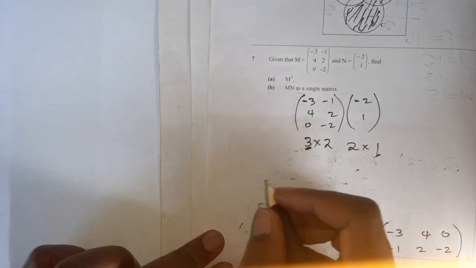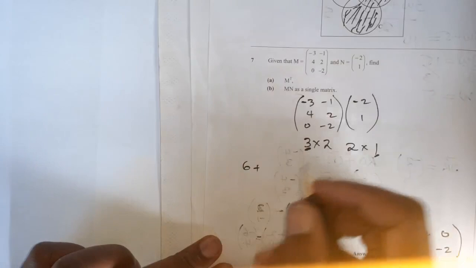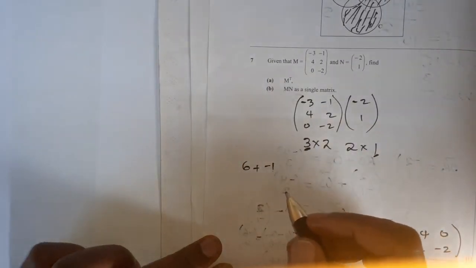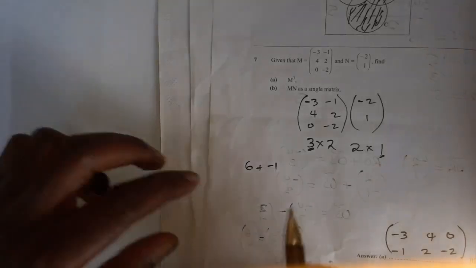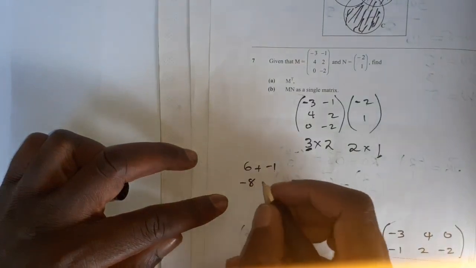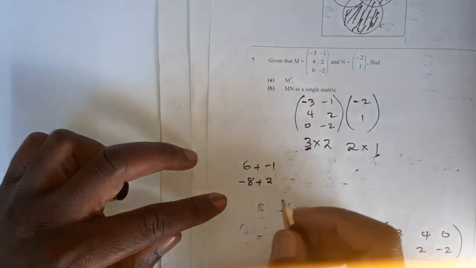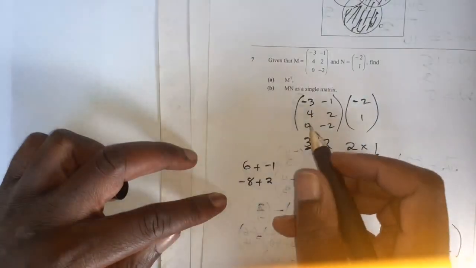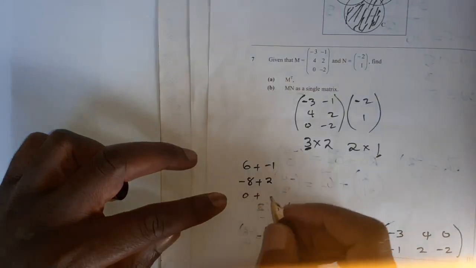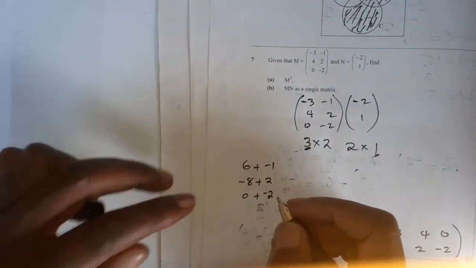We get 6, plus -1 multiplied by 1, which gives -1. Then the second row: 4 multiplied by -2 gives -8, plus 2 multiplied by 1 gives 2. Are we together? Then the last row: 0 multiplied by -2 is 0, plus -2 multiplied by 1 is -2. Are we there?